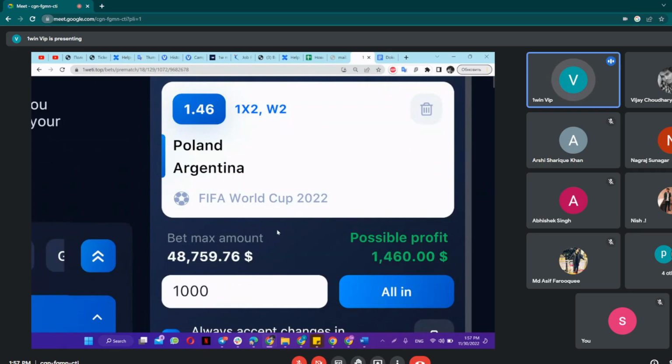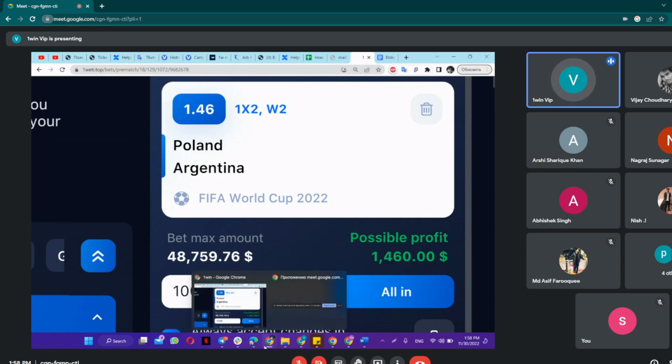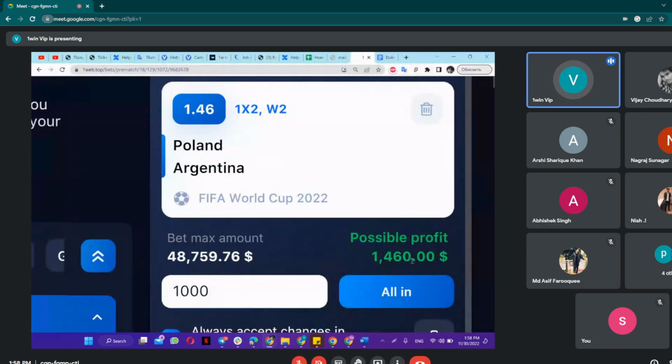So, for example, by betting on Argentina, which has more possibility to win, by placing $1,000, I will be able to win $1,460. So bet amount multiplied by coefficient, we are receiving the maximum possible profit.